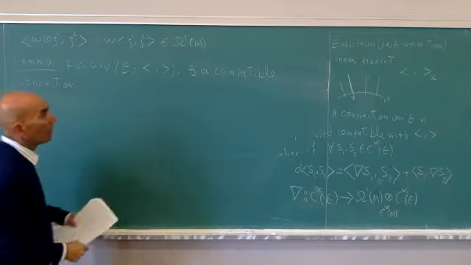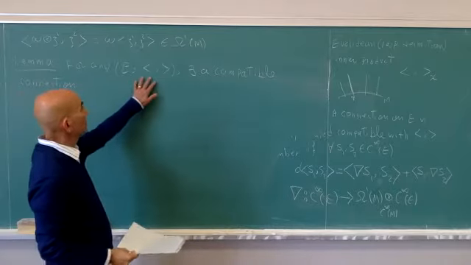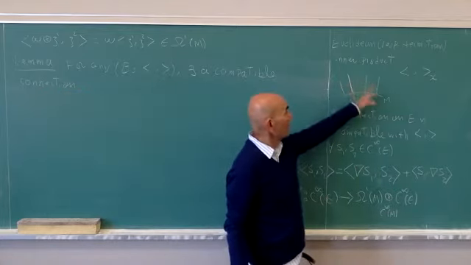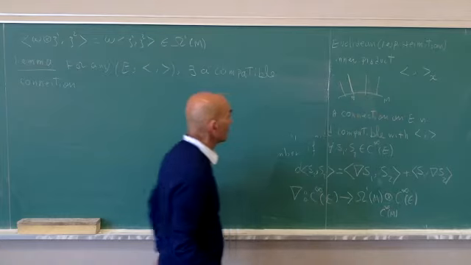Okay, so there always exists a compatible connection if you start with a sort of inner product vector bundle like that.